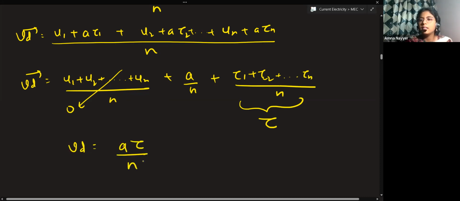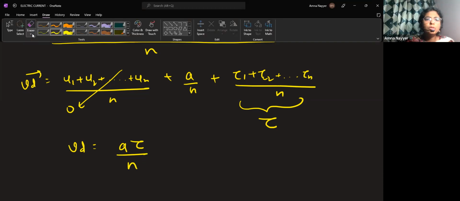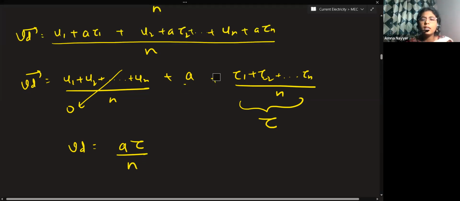See, acceleration is getting multiplied by relaxation time. This is not an addition symbol. I had written a plus sign, just make a correction there. It is getting multiplied, so we cannot write it separately. So this will be the drift velocity.